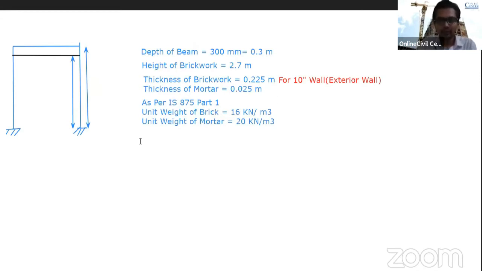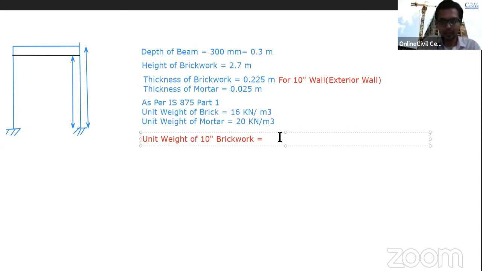Now the next remaining thing is the unit weight of 10-inch brickwork. So let's calculate that. It's very simple to calculate. We'll just have to multiply the values. You can just multiply and tell me in the comment section also.